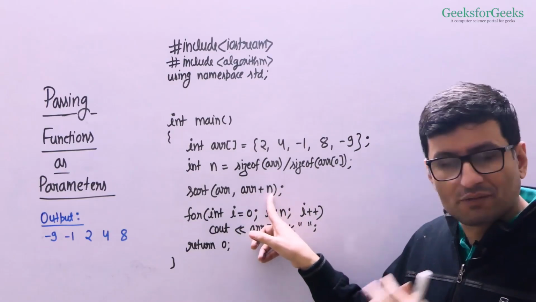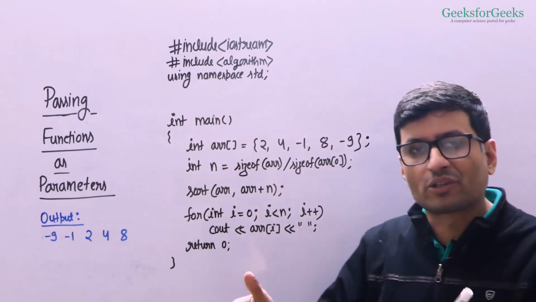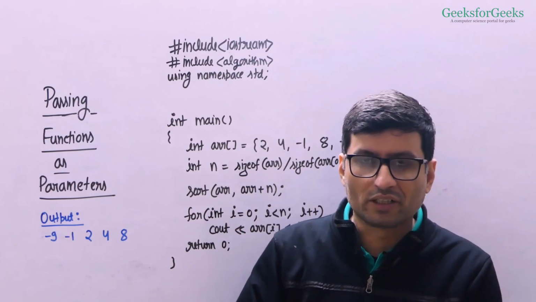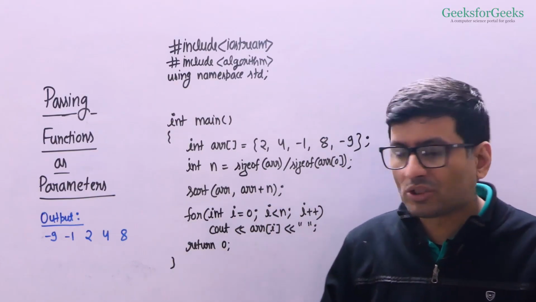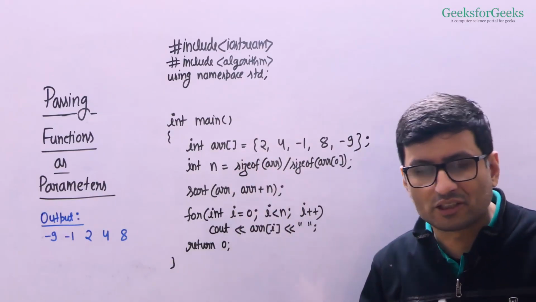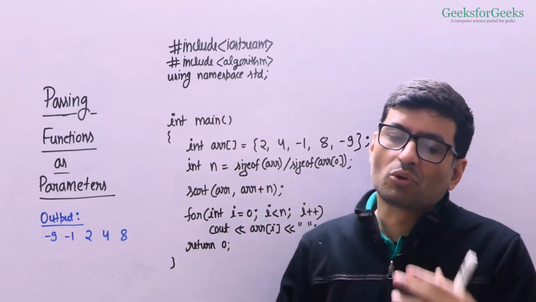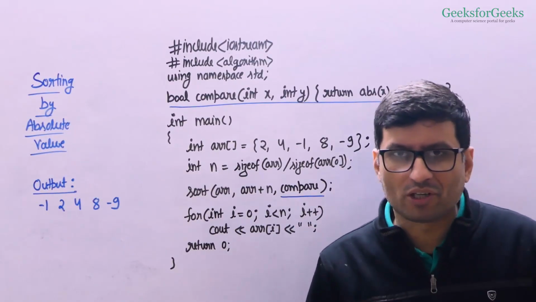And when you pass a function pointer to the third parameter, the sorting happens according to the comparison function that you provide. So the third parameter is mainly a comparison function that takes two objects. In this example, you are going to pass two integer values, and this comparison function returns true or false values to decide the order.